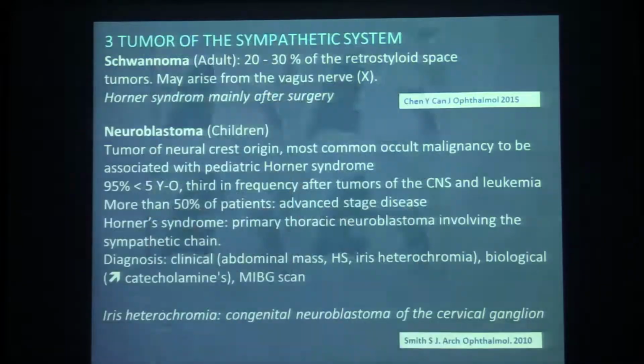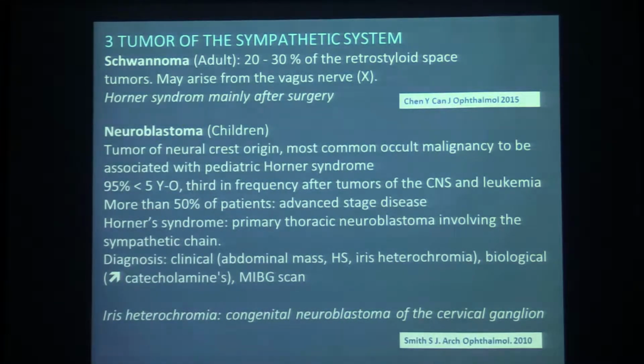Tumors of the sympathetic system are rather rare in adults. You can find schwannoma especially, but the main tumor of the sympathetic system that will give Horner syndrome is the neuroblastoma in children. So when you have a Horner syndrome in a little kid, you have to think of neuroblastoma. It's really important.